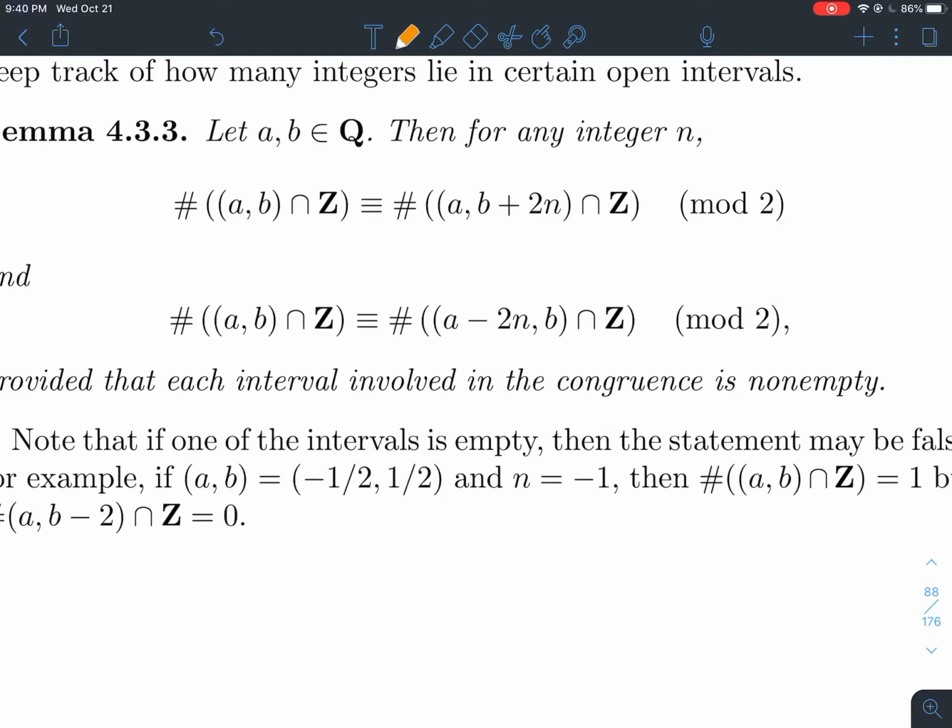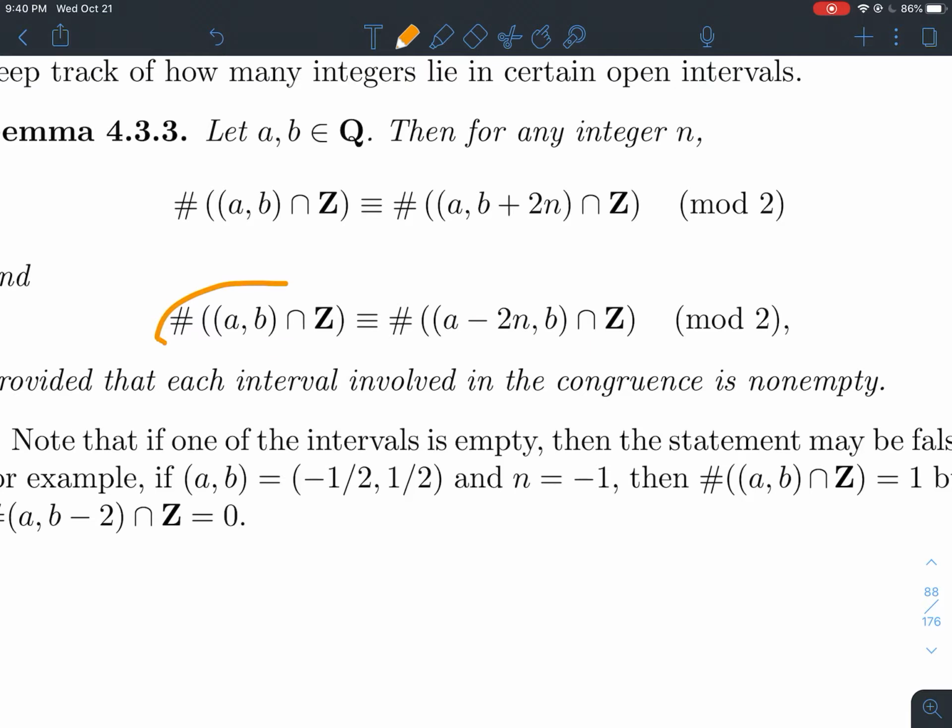And maybe that makes sense, in some sense anyway, because what's the difference here? Well, I just added 2n to the right endpoint. And what we're going to see is that that is just going to add 2n integers to each of these sets. So when I add an even to something that's already even, it stays even. Or when I add an even to something that's odd, it stays odd. That's really what this is saying. And it's the same behavior if I take 2n away from the left endpoint.